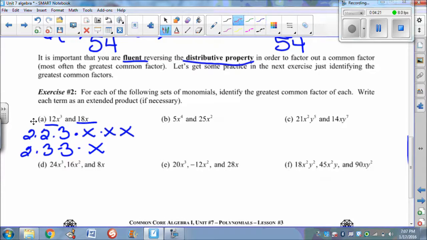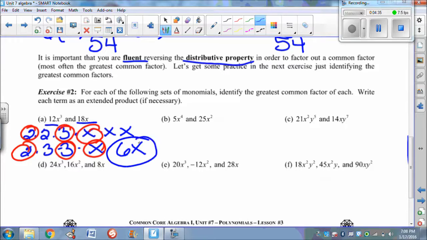And then what do they have in common? They share a 2 in common. They also share a 3 in common, and they share an x in common. So the GCF for those 2 is going to be 6x. So now hopefully you're going to be able to start to recognize what the GCF is without having to write out the prime factorization.